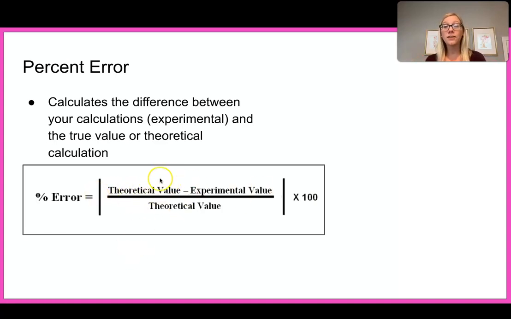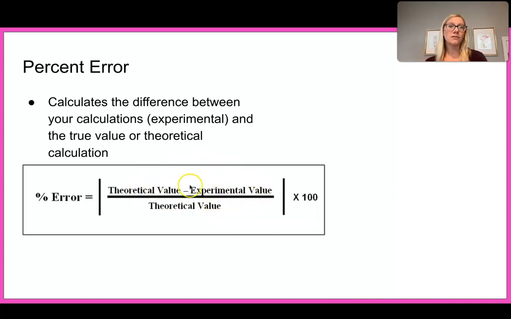The theoretical value is the true value or the real value, the one that you would find printed in textbooks and on quality websites that would tell you this is the real answer for, say, the density of gold or the density of some other object, or some true value. So the theoretical value is like the real value, and the experimental value is the value you got.